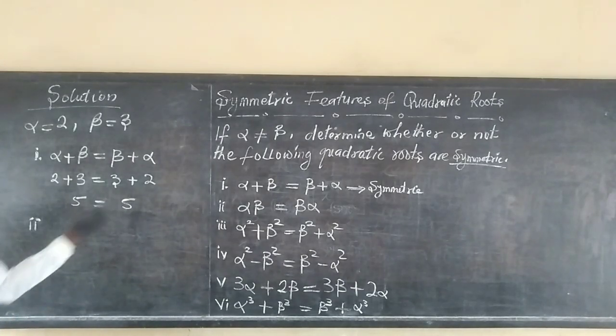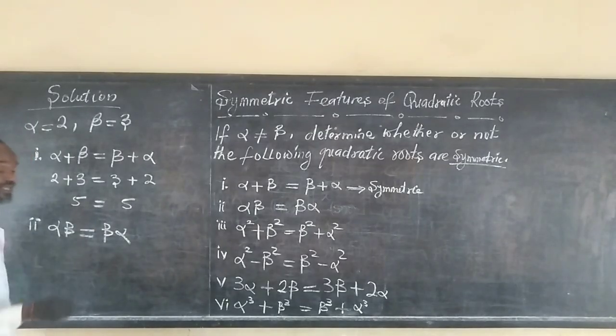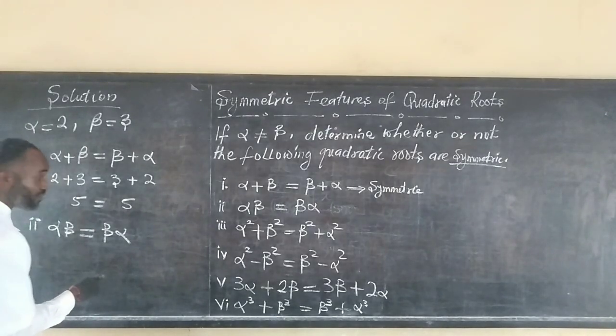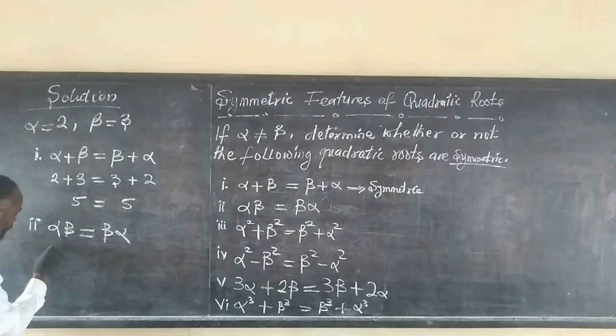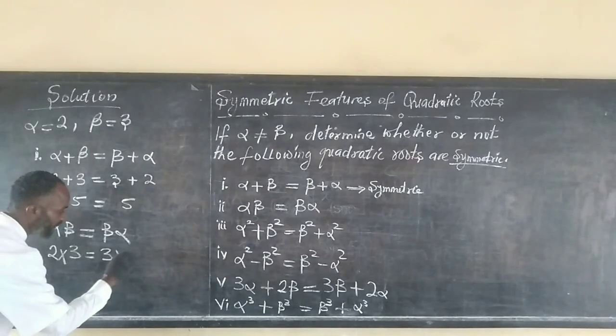Now, let's go. Question number 2 is alpha beta is equal to beta alpha. We don't just want to assume; alpha is 2 times beta is 3 equals beta is 3 times alpha is 2.